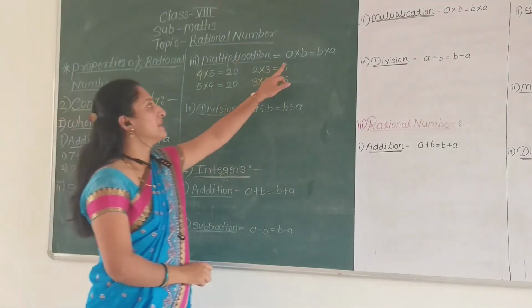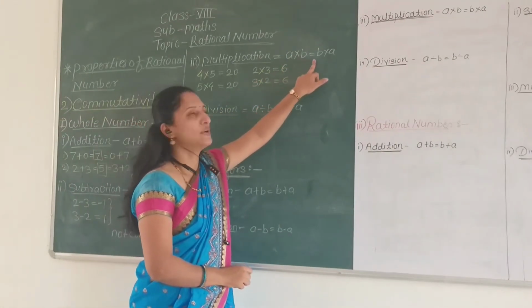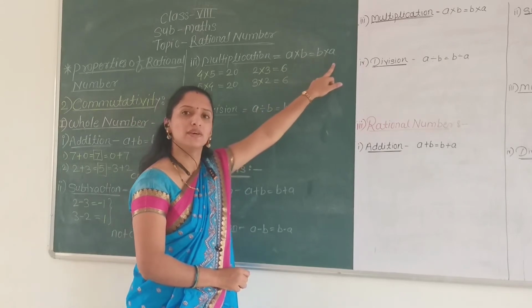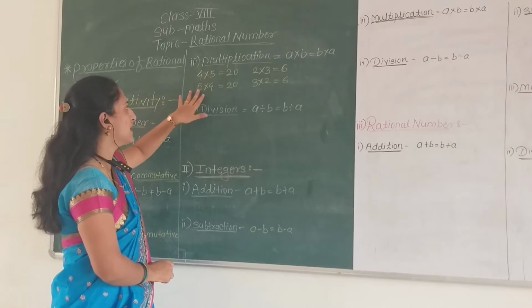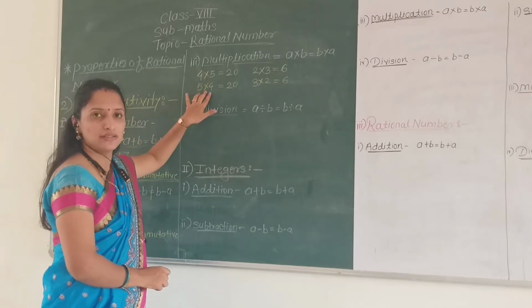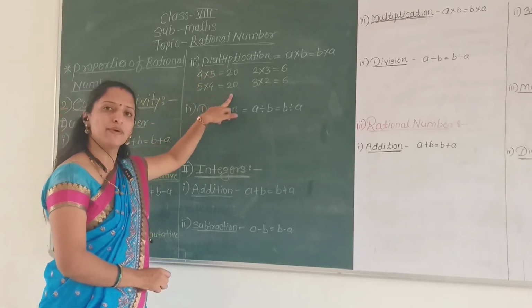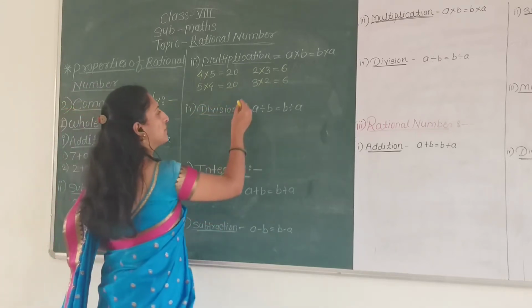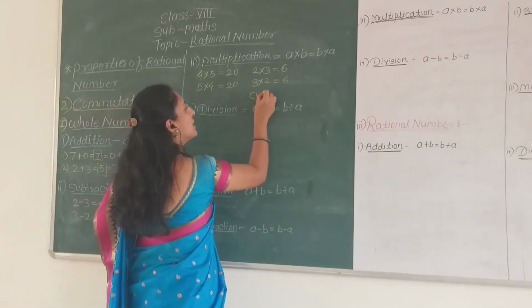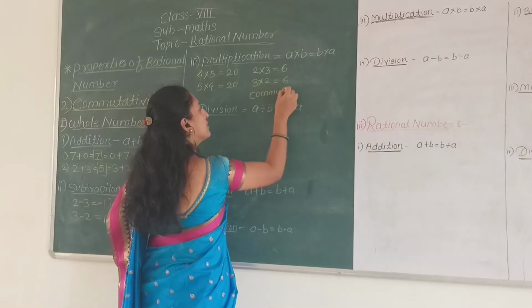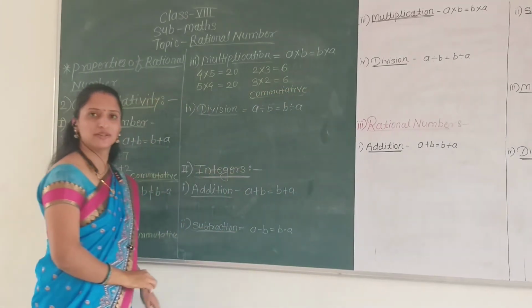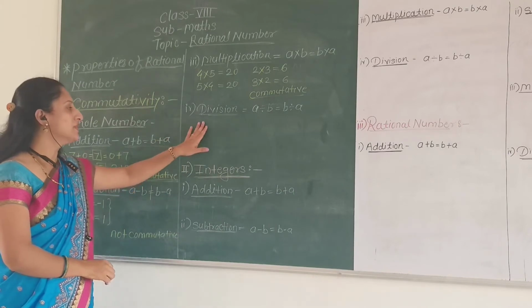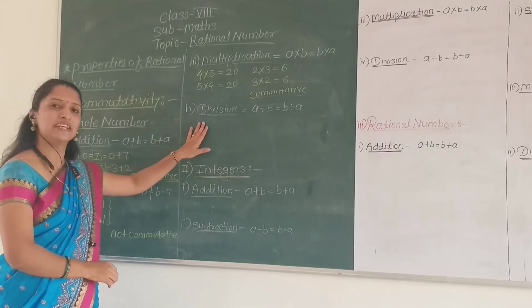That means a into b is equal to b into a. If we change the order of the numbers, we get the same answer. Therefore whole numbers are commutative with respect to multiplication.